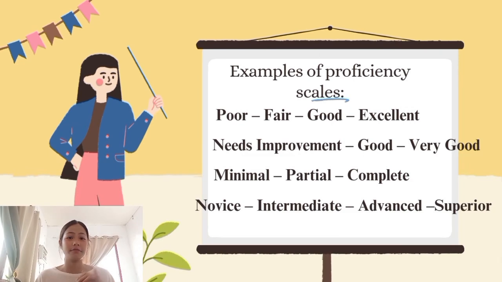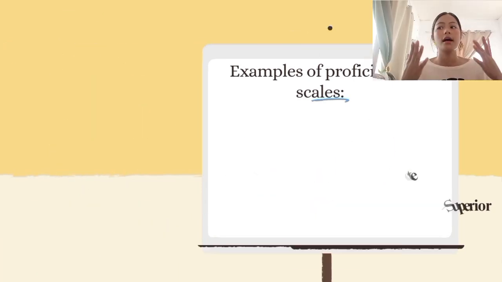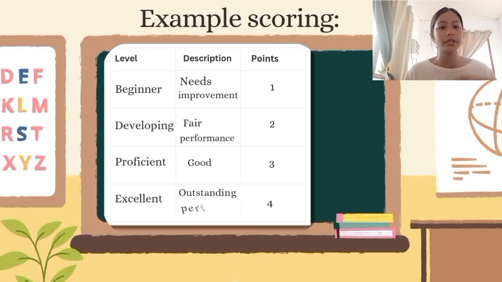Others may use novice, intermediate, advanced, and superior. Even though the wording may differ, each level still represents a degree of performance, and each level corresponds to a numerical point value.